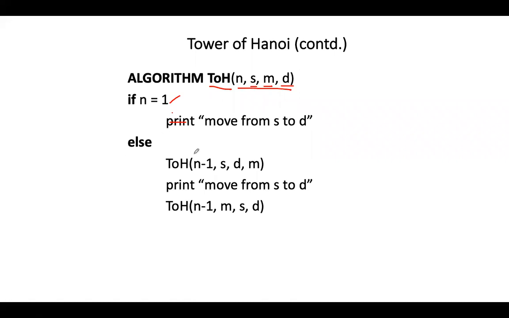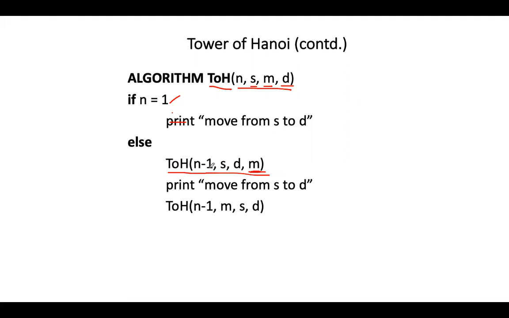Else, if that is not the case, I'm going to call this Tower of Hanoi function again. But now, while I'm calling it, you might observe here, I will call it with n minus 1 disks. And the source, this middle tower, I will make it the destination, and the last one I will keep as auxiliary.